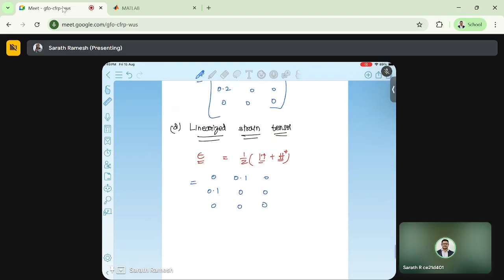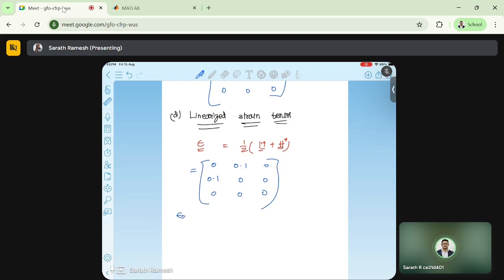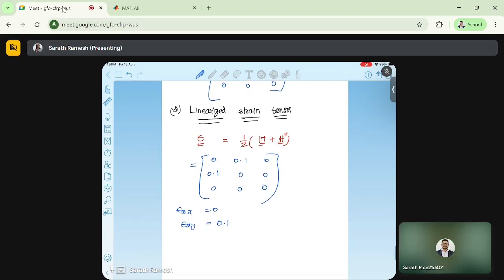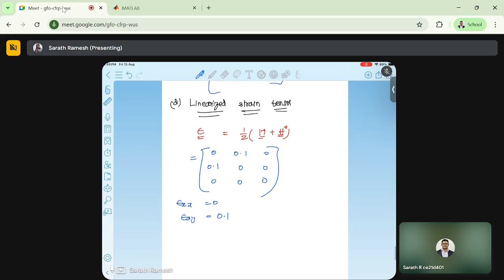Okay, that's it. So here epsilon xx is 0, which means along the x direction the strain is 0, along y direction strain is 0, z direction strain is 0. But there is an epsilon xy component, 0.1. Fine. There is an angle change in it. Fine. So this is the linearized strain tensor.